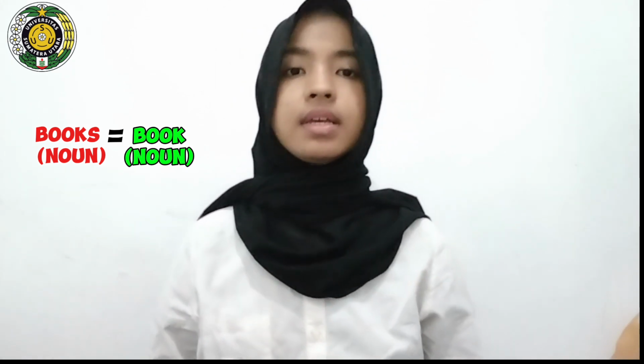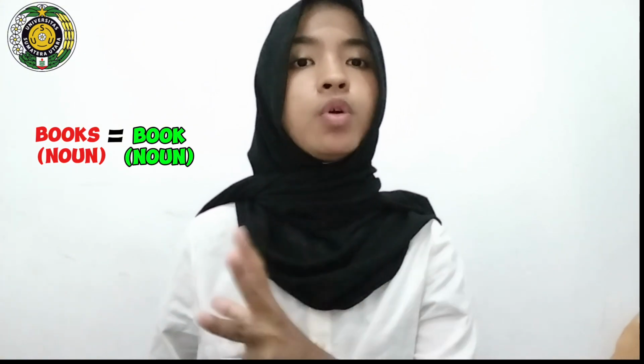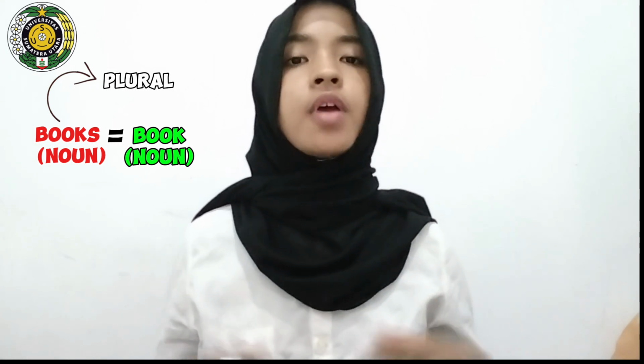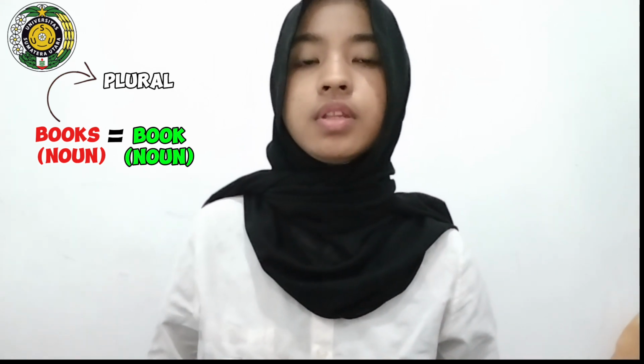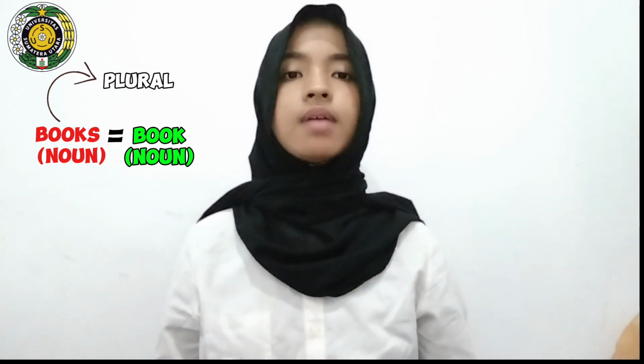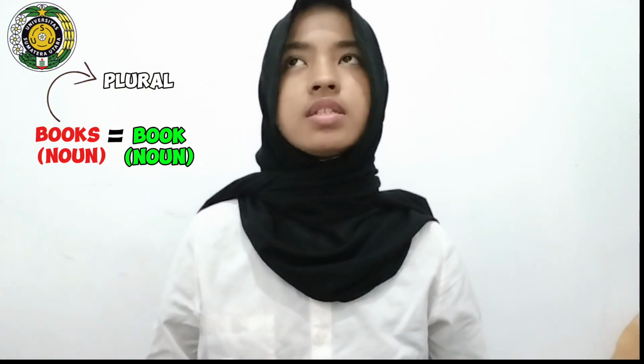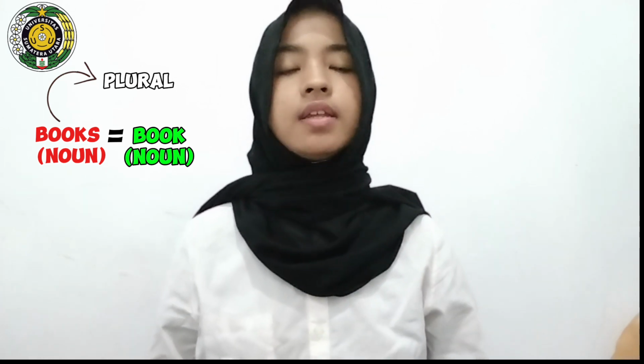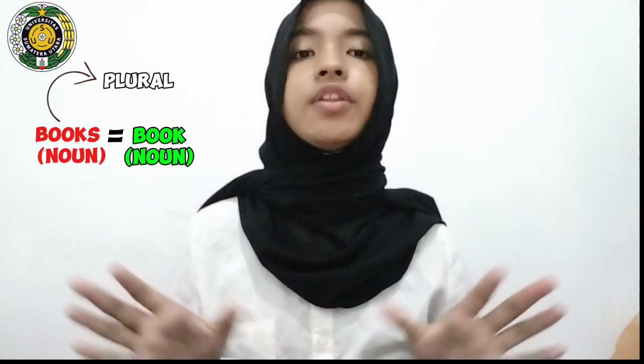So why does book become books? Because books is a plural. It means there are many books, so it becomes books. It just identifies the grammatical function and does not produce a new word.